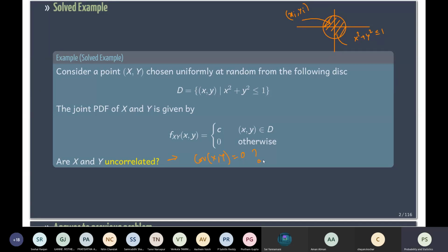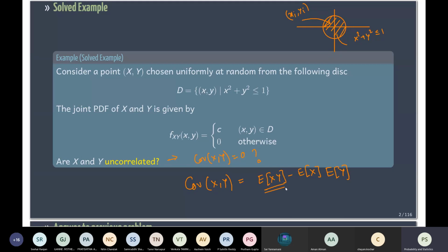What was the formula for the covariance? Covariance of xy is expectation of xy minus expectation of x times expectation of y.